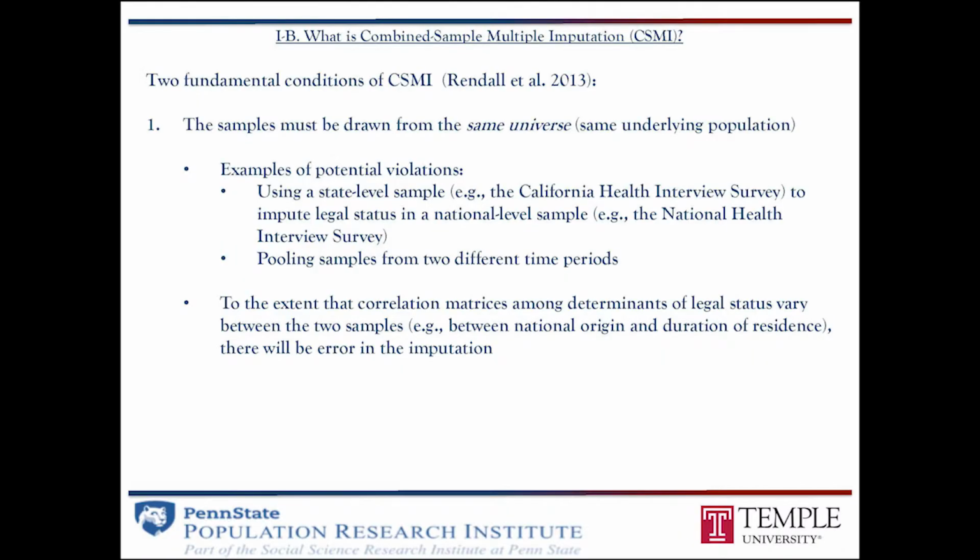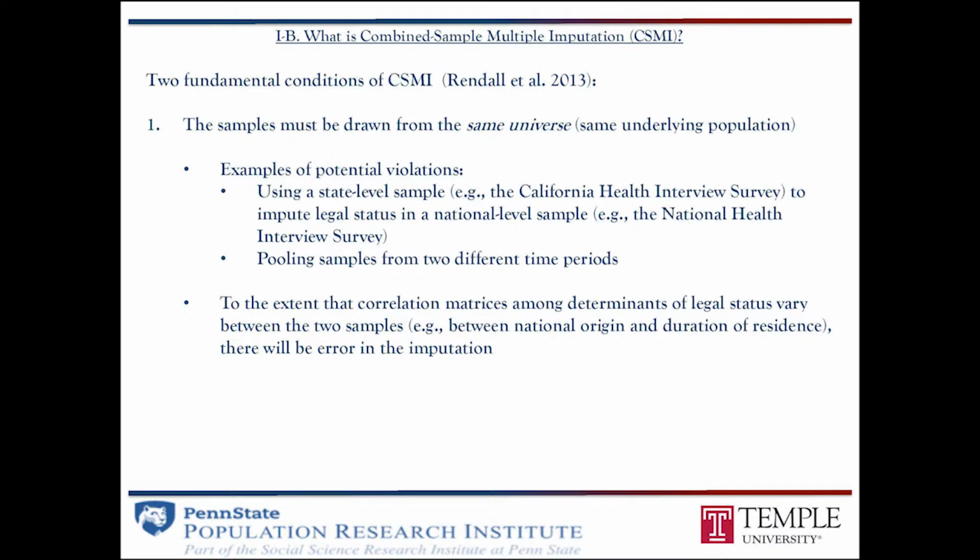Now the target data is as identical as possible with respect to the variables and measures it includes and the universe from which it samples. The only difference is that it has no information on legal status.